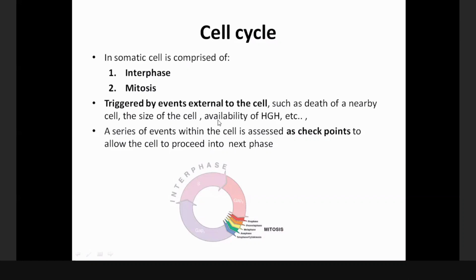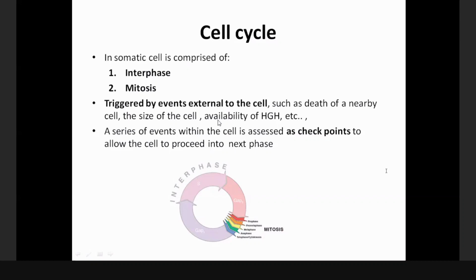The actual cell division takes place by activities within the cell. So there is a series of activities inside. There is stimulation, there is communication of messengers within the cells, leading ultimately to cell division. And this has phases, one stage getting into the next stage.